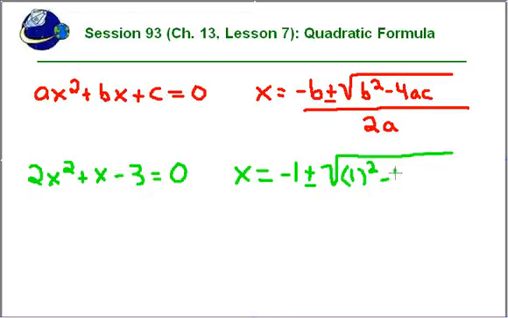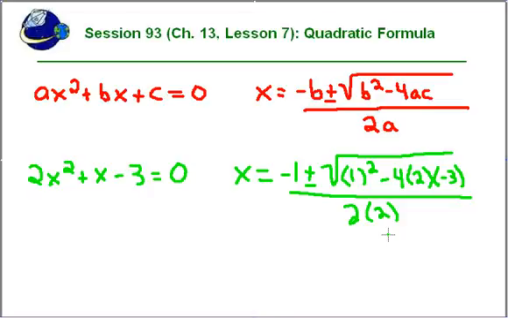Minus 4, I'm pulling straight from our formula here, times a. Well, our a is 2, so that's going to be minus 4 times 2 times c. c is minus 3. So that takes care of the top portion of this fraction. The bottom portion is going to be 2 times a. a is 2.